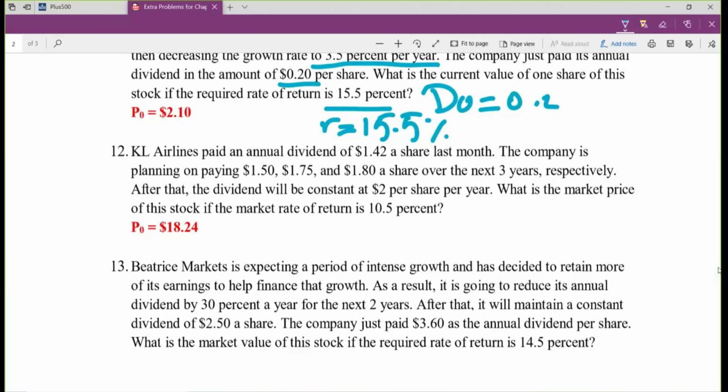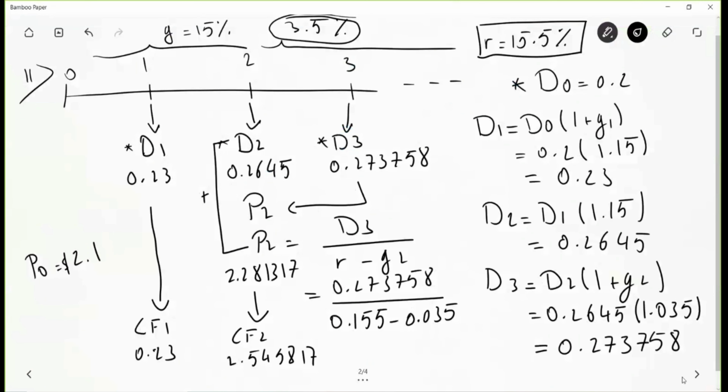The company is planning on paying 1.5, 1.7, 1.8 a share over the next 3 years. After that, the company will maintain a constant dividend of $2 per share per year. So I need to find the price per share if the rate of return is 10.5%.